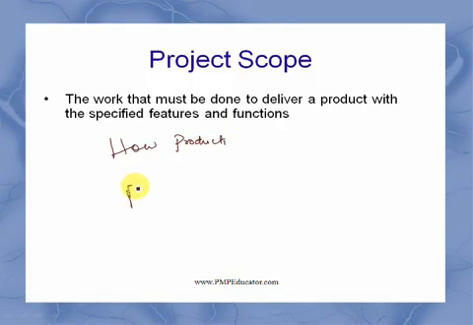So you have a product scope, and it has a certain boundary, as we discussed in the previous slide. And then in order to achieve that product, to have the final outcome of that product, you need to have a project scope.